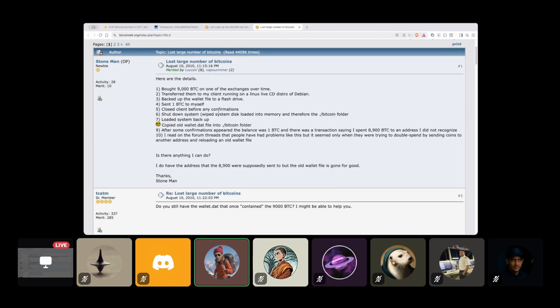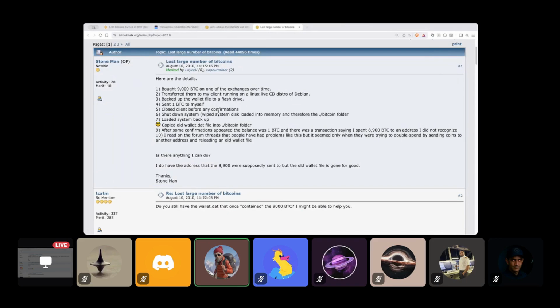He thought he was okay, he was good, but he didn't understand that the wallet.dat file also needed to be manually copied for every single change that you make, every single transaction. He didn't know that.